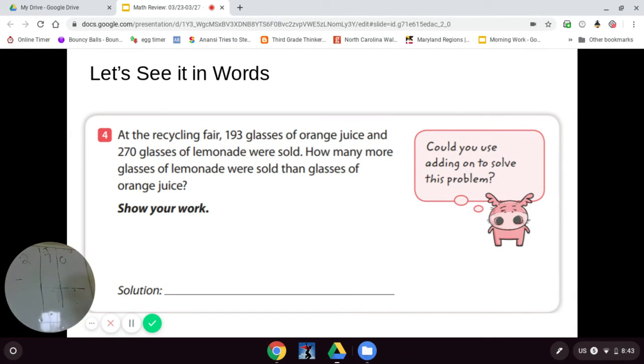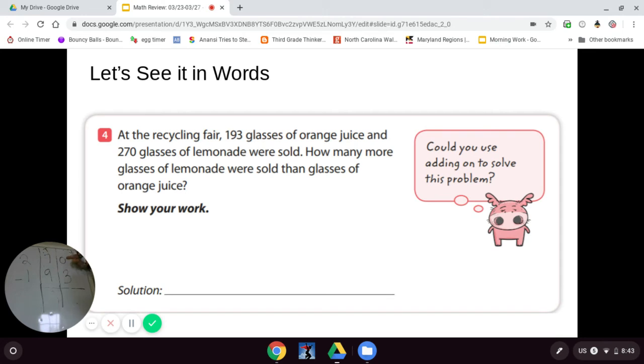So I know I'm taking away the smaller amount, 193 glasses. When I take away 193 glasses from 270, I'll be left with the number of extra, or the how many more in this case that the problem is referring to.